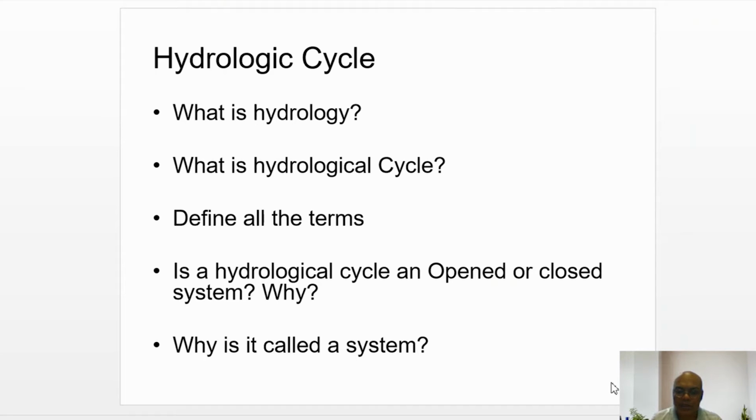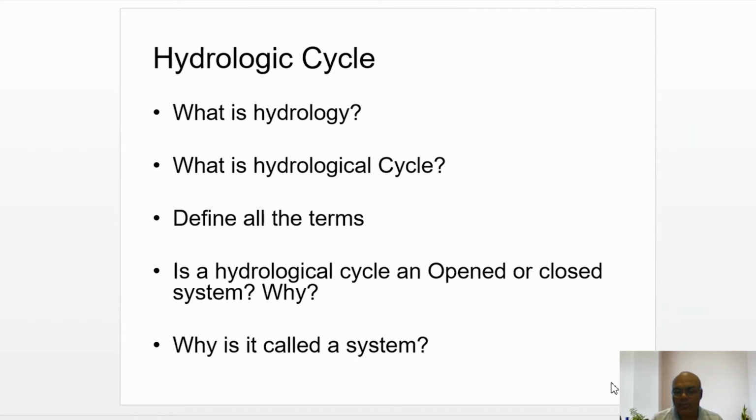The energy required for this circulation is obtained from the sun. So this continuous circulation is called the hydrological cycle. The hydrological cycle has many subcomponents.